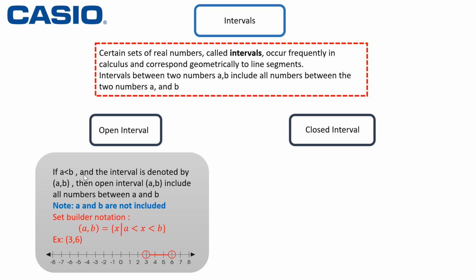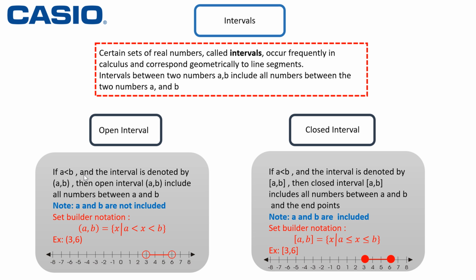Now, if we need to locate it on a number line, we draw a circle on the boundaries, which are 3 and 6 in the example, like the open interval here, parenthesis 3 comma 6. So 3 and 6 are not included in the interval, so we place a hollow circle or an empty circle on 3 and 6 and we connect them with a line. So our interval on the number line will be from 3 to 6, but 3 and 6 are not included.